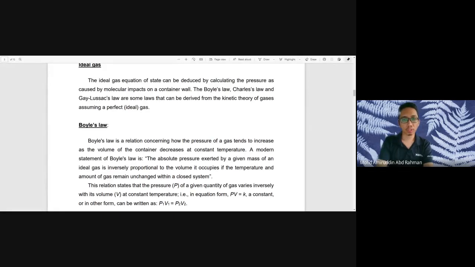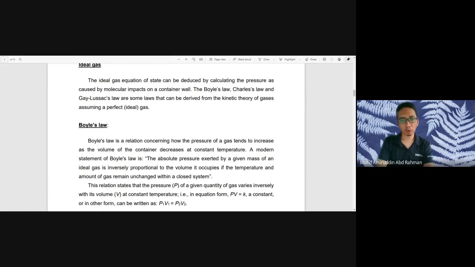The modern statement of Boyle's law states that the absolute pressure exerted by a given mass of an ideal gas is inversely proportional to the volume it occupies if the temperature and amount of gas remain unchanged within a closed system.